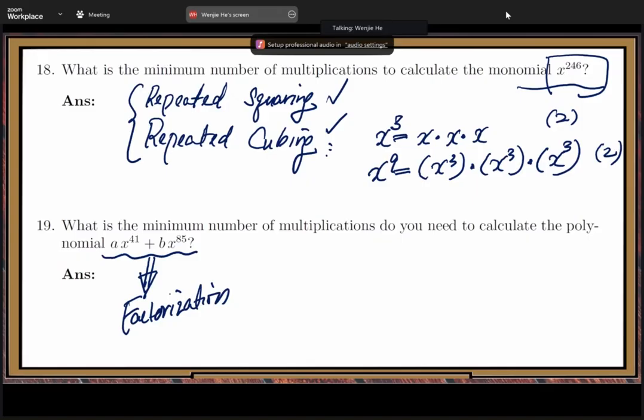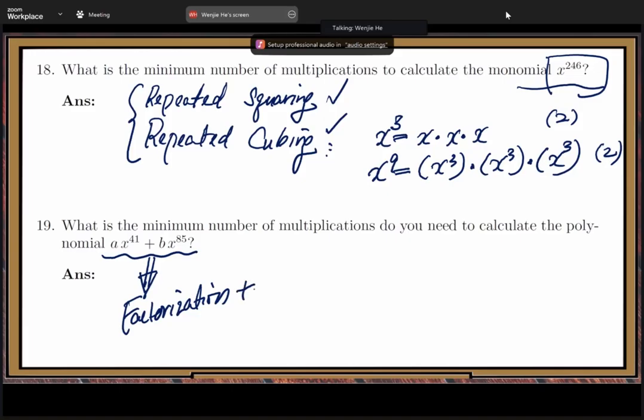You can factor that common factor out and use factorization to change the structure of the operations and try to reduce.